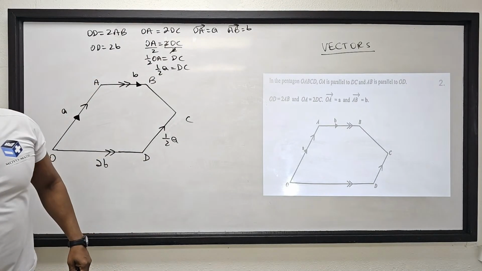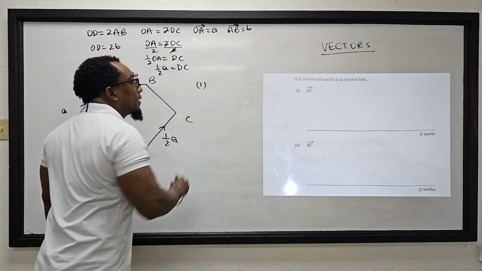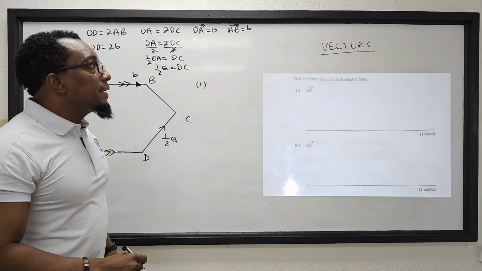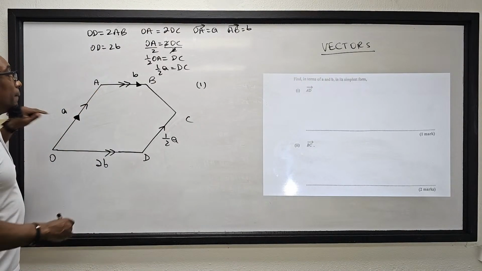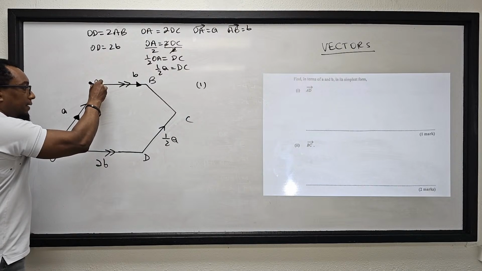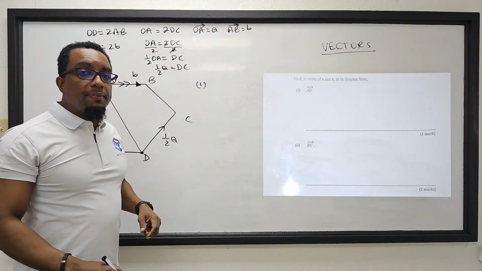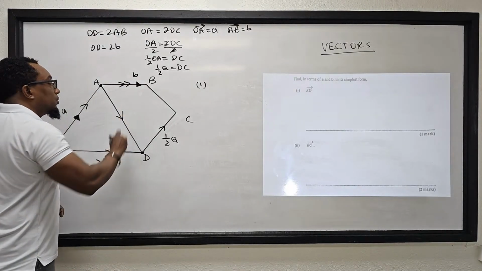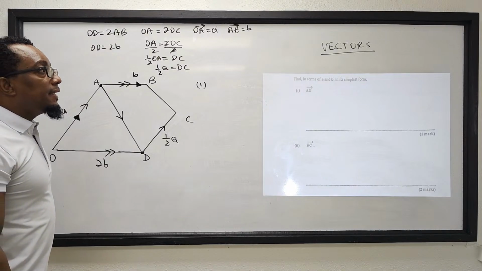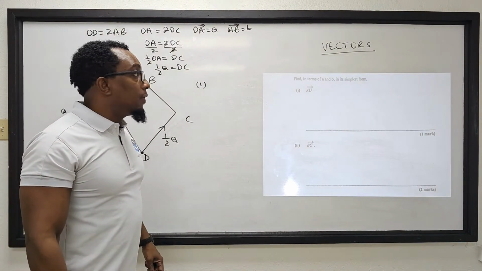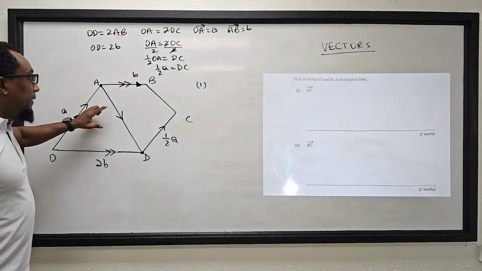Now having done that, let's look at the question. Part 1. Find in terms of A and B in its simplest form AD. Now where is AD? AD will be formed by connecting a line from A to D, and the vector of course will have direction, so you put the arrow showing you moving from A to D. And if I want to find AD in terms of A and B in its simplest form, it means that my answer must involve A and B, and AD must fall within a triangle.